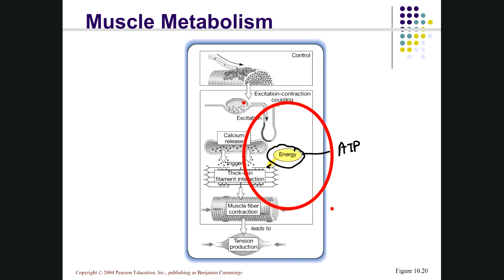Not fats, not proteins, not carbohydrates, nothing but ATP. That's all the muscle can use for an energy source. And there's ATP that floats around in the cell because we produce it. And as it moves around in the cell, it becomes attached to wherever it needs to be attached to.